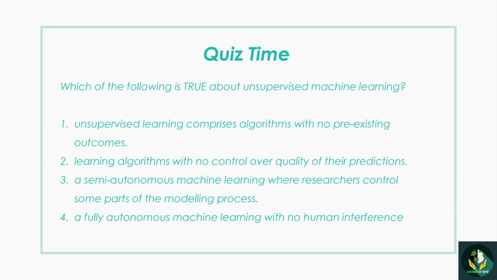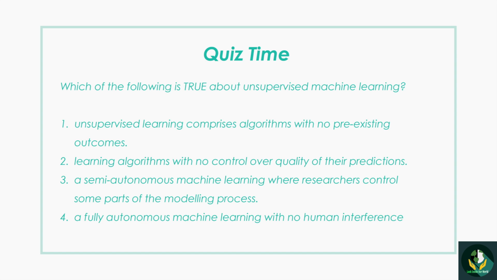Here is a question for you to answer. Which of the following is true about unsupervised machine learning? Number 1. Unsupervised learning comprises algorithms with no pre-existing outcomes. Number 2. Learning algorithms with no control over quality of their predictions. Number 3.